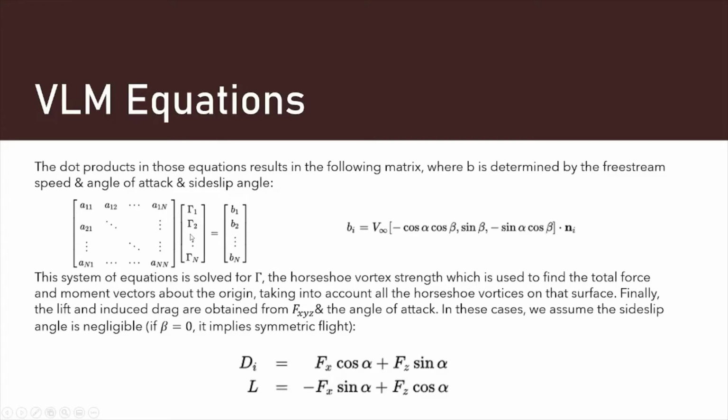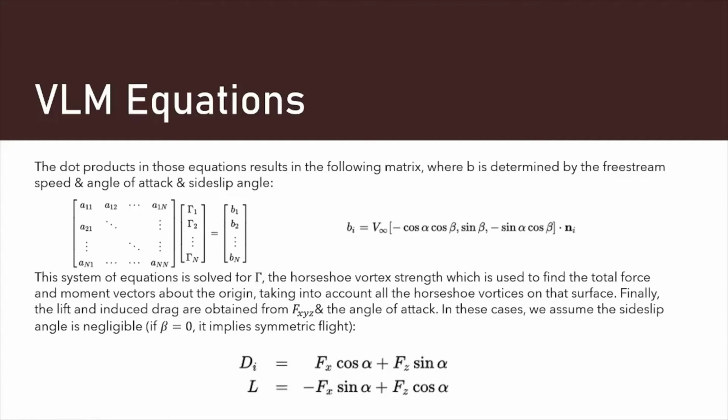So I'm sure you can use numerical methods on this. Again, this is probably a call to Engineering 180, but this system of equations is solved for gamma, which is the horseshoe vortex strength, and this is used to find total force and moment vectors around the origin, and it takes into account all the horseshoe vortices on that surface.